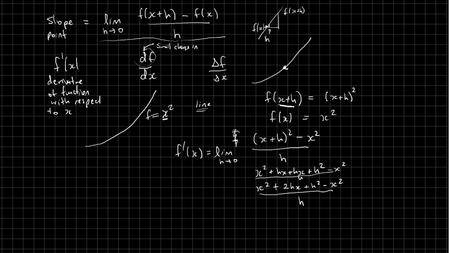And you'll find that x squared and x squared cancel, and so we're left with 2hx plus h squared divided by h. And so let's look at the limit as h goes towards 0.